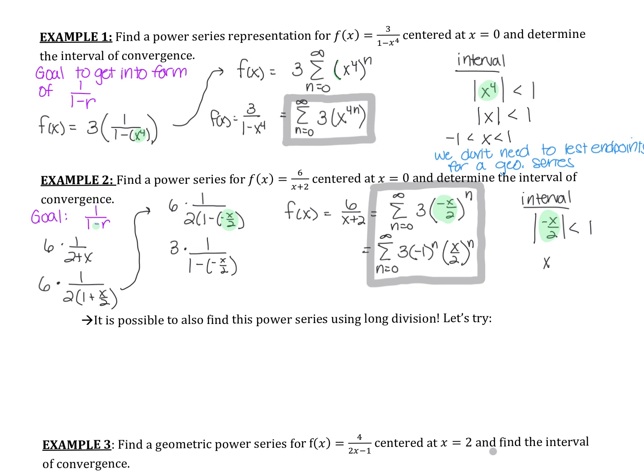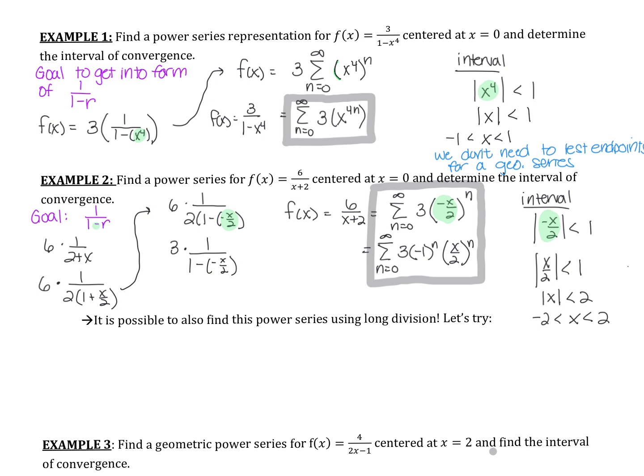So we get that the absolute value of x over 2 is less than 1. And then I'm going to multiply by the 2, so I get the absolute value of x is less than 2, which means that my interval of convergence goes from -2 to 2. Again, we don't need to test the endpoints because it was a geometric series. That was our whole goal.